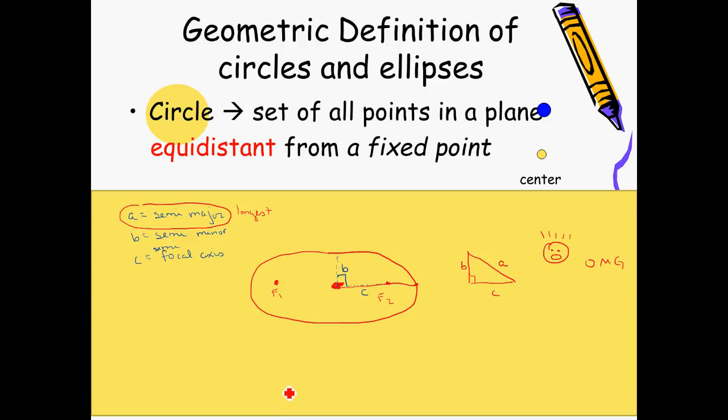What? Well, you know why this is useful? Because Pythagoras, yes, hello, come in. I'm so glad you're here. If I know two of these sides, I can find the third, can't I? Well, with an ellipse, I generally know what?